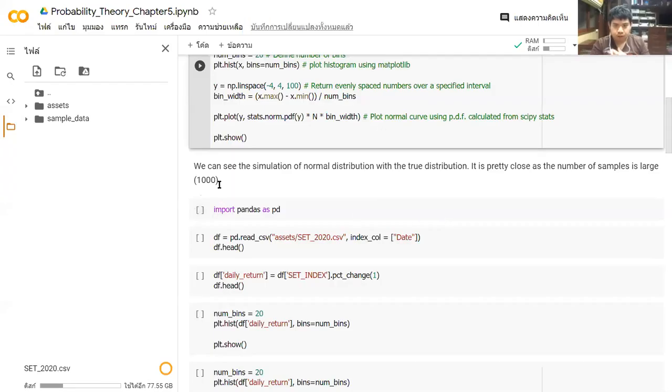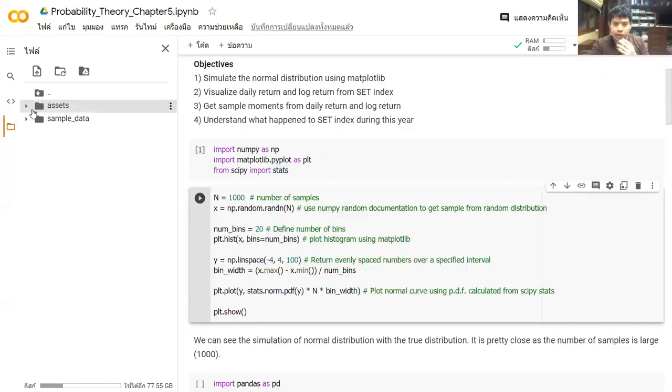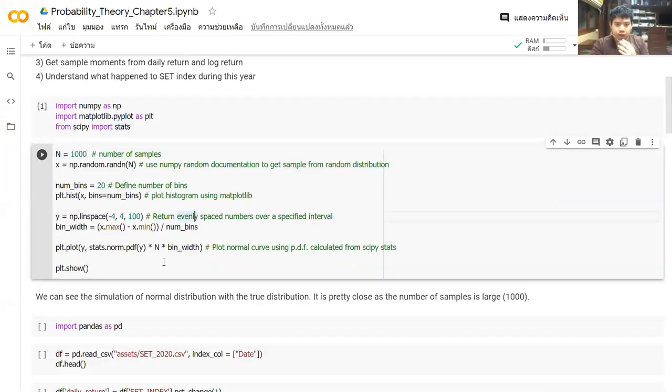Because here we're going to use the external file also. So it's going to be here. But first, let's look at some distribution first.